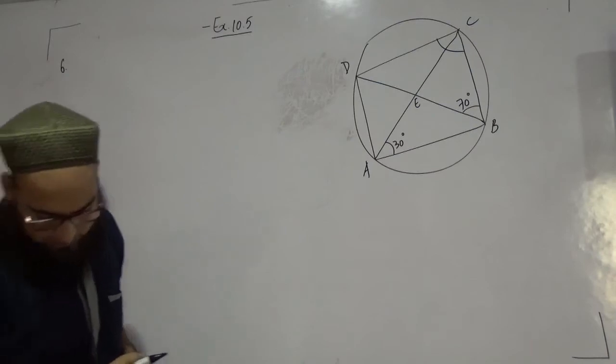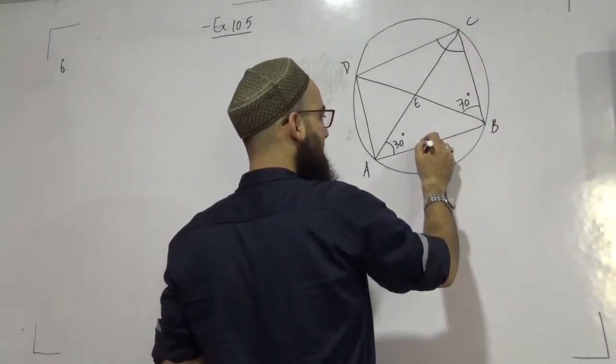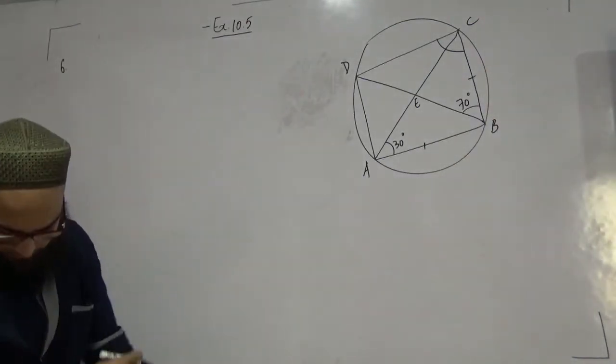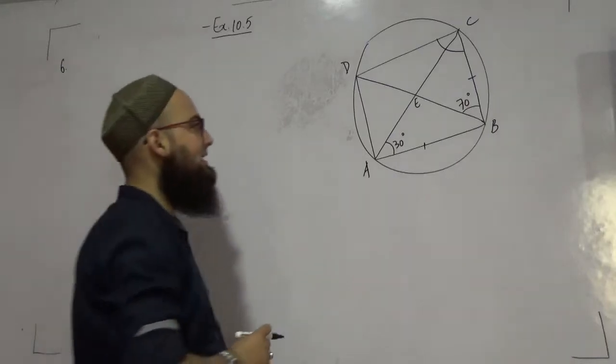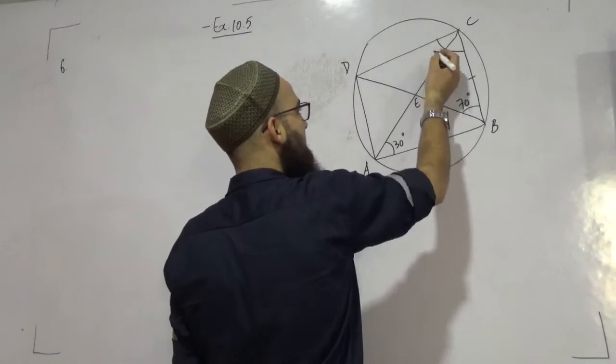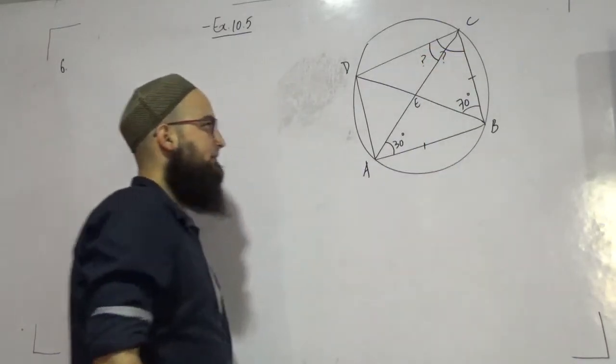Further, if AB is equal to BC, this line segment is equal to this, find angle ECD, so this angle.